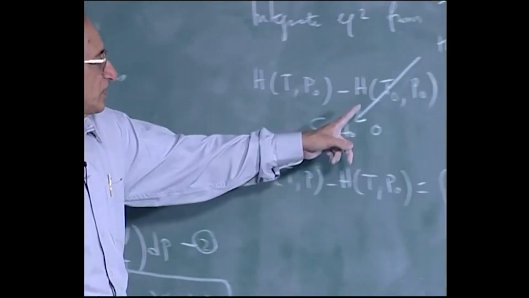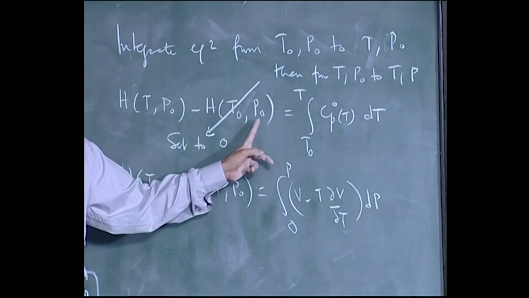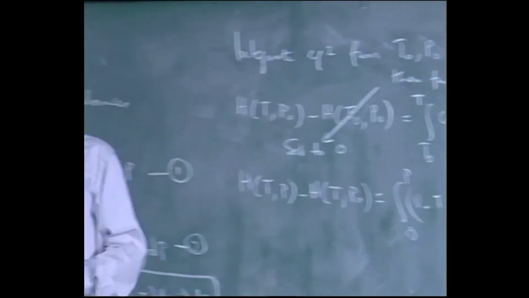Right on top of the table, that one line will tell you what T0 P0 is. They will write their H at 80 comma 0 is equal to 0. Those numbers represent T0 P0.